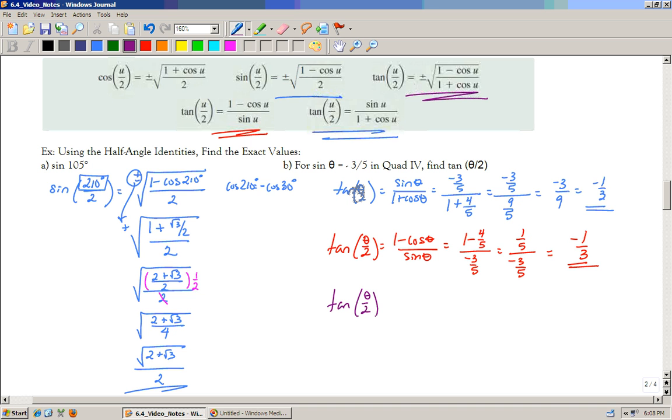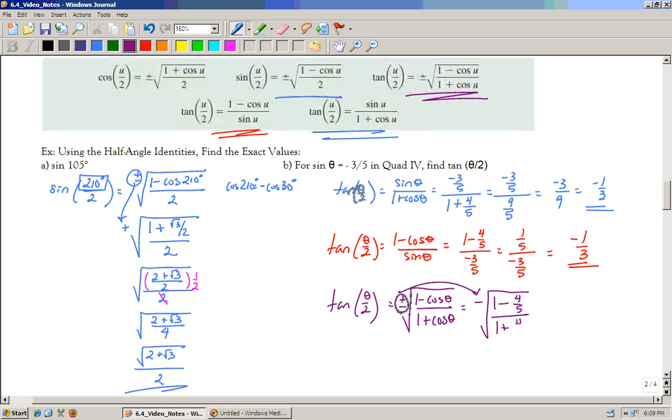If we're doing our half angle formula, we can do positive or negative of the square root of 1 minus cosine of theta over 1 plus cosine of theta. Realizing this is in quadrant 4, we know tangent is going to be negative in the fourth quadrant, so that takes care of putting this into the negative. It's the square root of 1 minus cosine of theta, which we already figured out was 4/5.